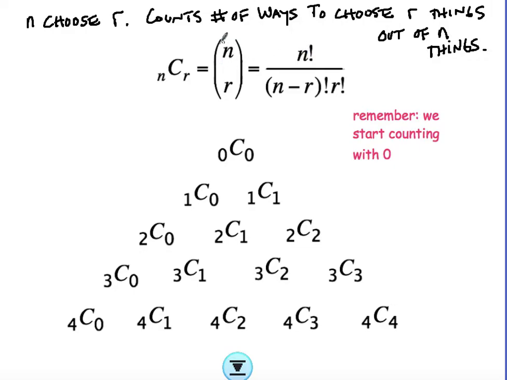So here's what your formula looks like. This is one way to write n choose r, and then this is another way to write n choose r. Now this is not a fraction, okay?